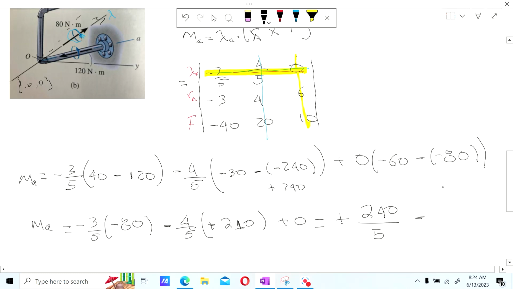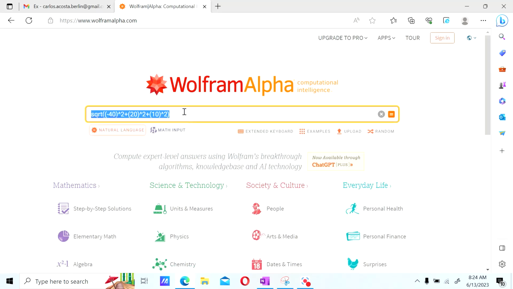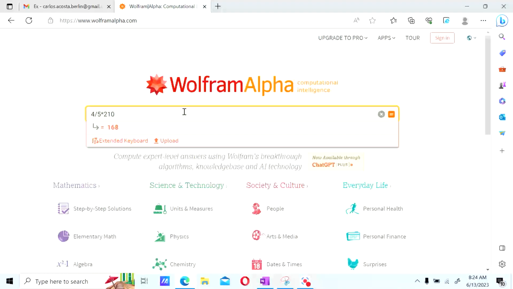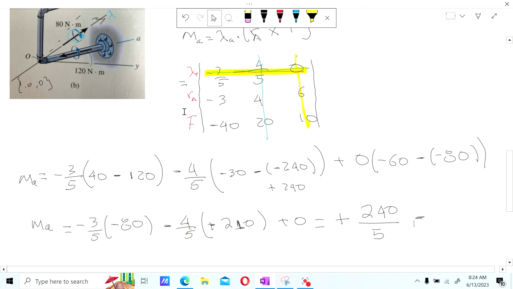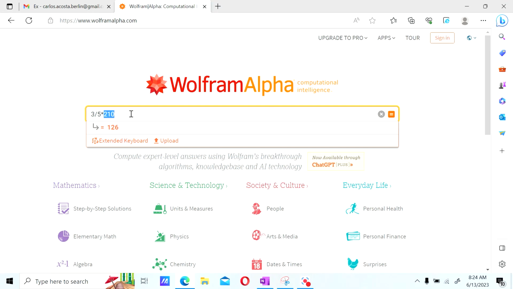So 210 times 4 divided by 5. 4 divided by 5 times 210 is 168. Negative 168. And negative 3 over 5, 3 times 80 divided by 5, is 48.